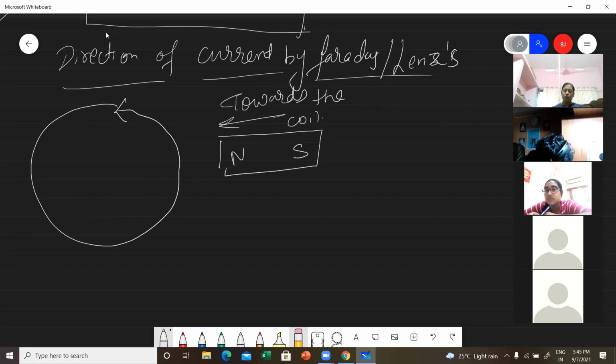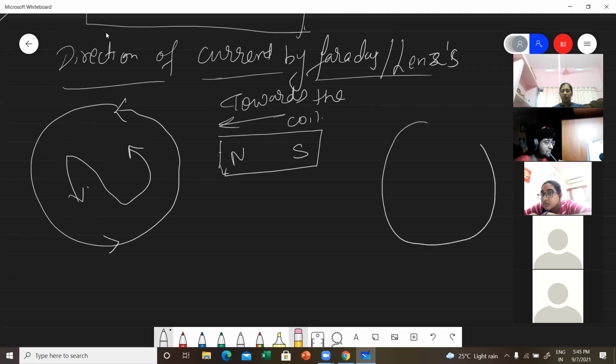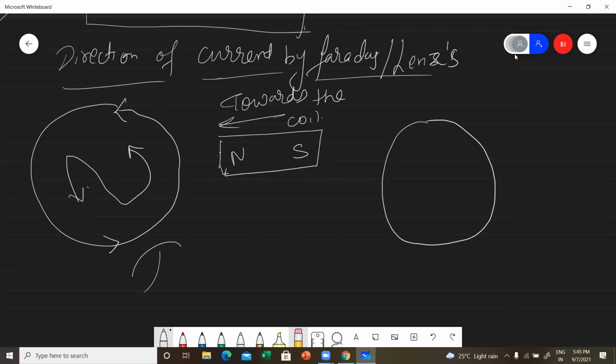If my current is flowing this way, in this direction, that is my north direction. So will it repel or attract? It will repel.